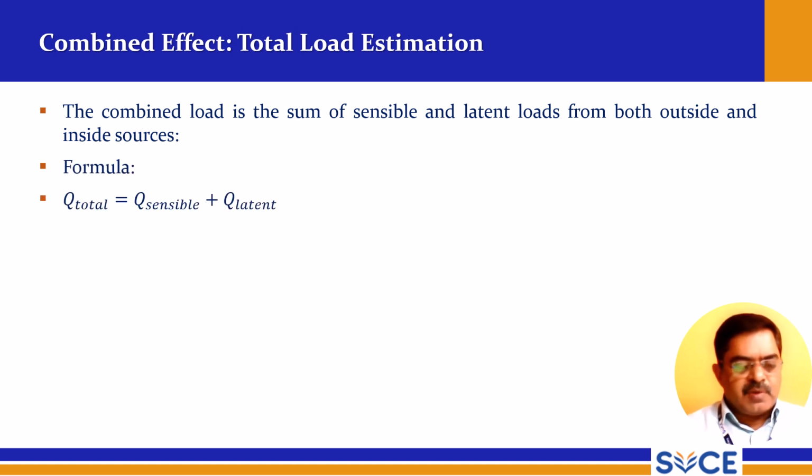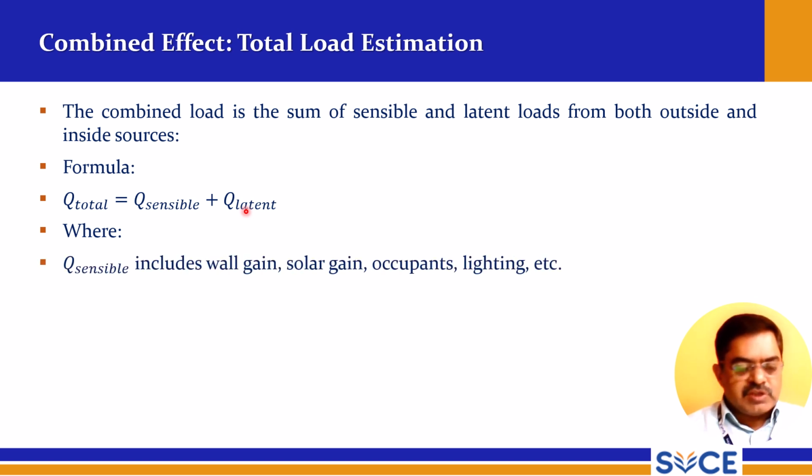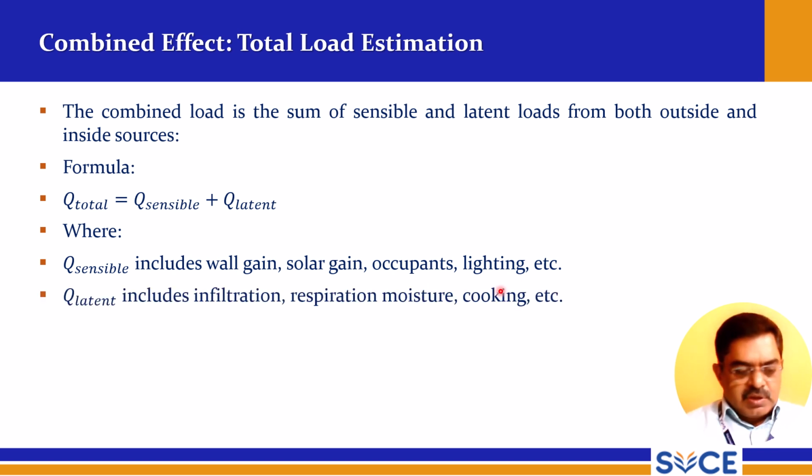The formula is Q total equals Q sensible plus Q latent, which is the heat energy. Q sensible includes wall gain, solar gain, occupants, lighting, etc. Q latent includes infiltration, respiration, moisture, cooking, etc.